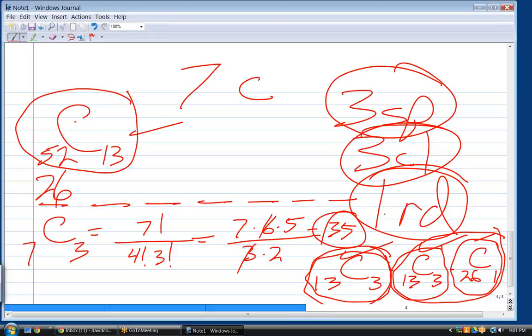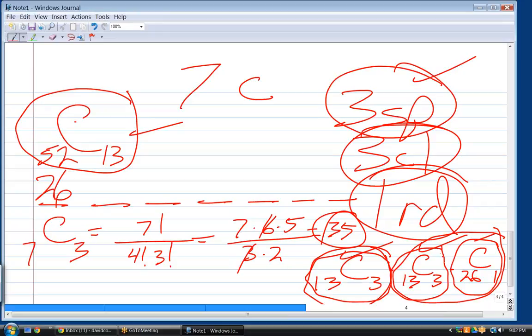Once you've chosen those, for every way that you had for choosing 3 spades out of 13 cards, you've got, boy, I'm having a hard time putting it into words. Hopefully you understand what I'm trying to say.